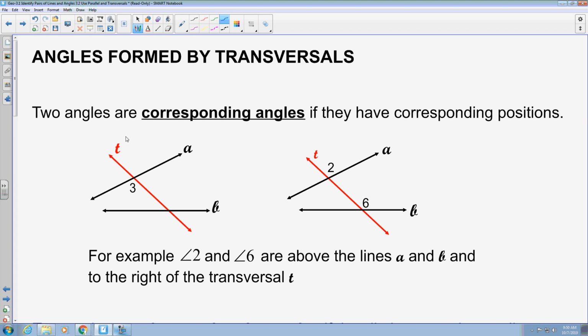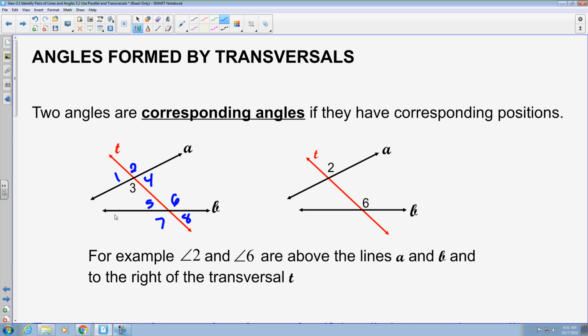So if we look here, let's say we've got 1, 2, 3, 4, 5, 6, 7, 8. I don't have them all written down, but these are all the angles here. The very first one is corresponding angles. Corresponding angles are when you look at each line that's connected to the transversal, and the positioning of the angle with respect to the transversal makes them corresponding, because they are in the quote unquote same position.